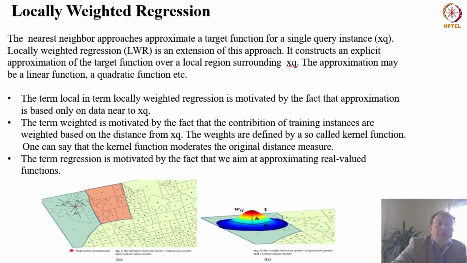So the normal weighted nearest neighbor algorithm can handle both classification and regression. However, in both cases, the algorithm approximates a target function for one specific query instance. That means for one point in space.